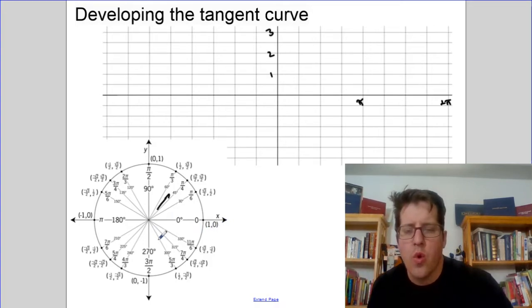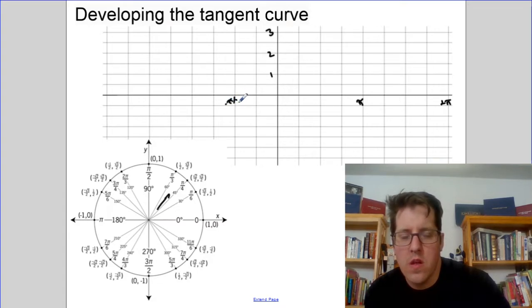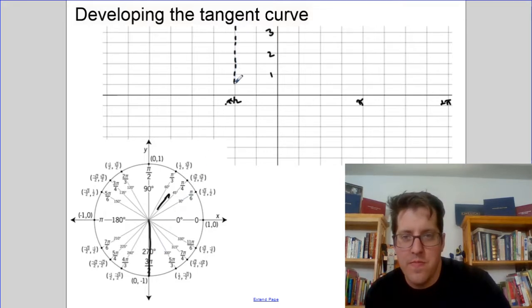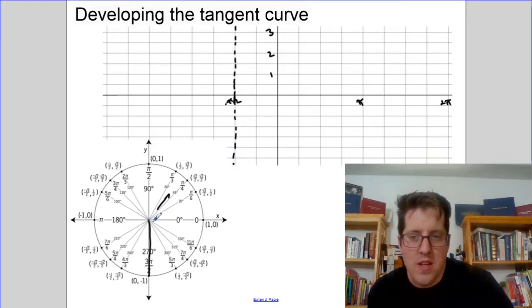We're going to actually start at negative pi over 2, because at negative pi over 2, I can see that this ray is vertical. But what that means is that the tangent is undefined. If the tangent is undefined, that would show up as an asymptote on my graph. The next point I'm going to tie into is negative pi over 4.